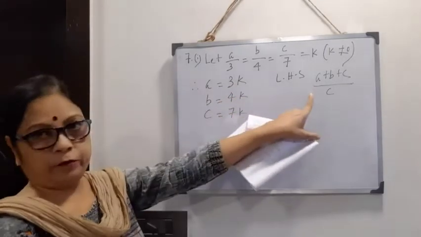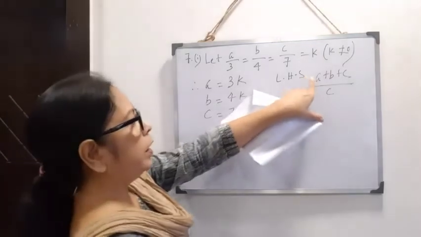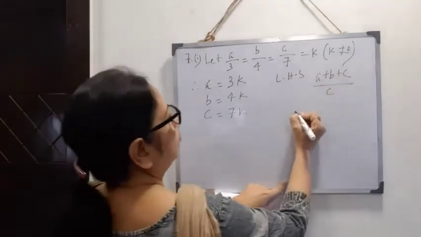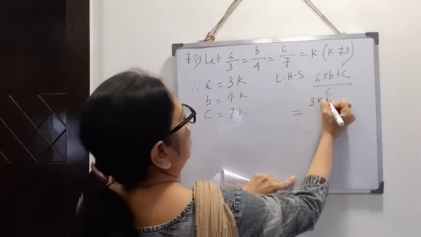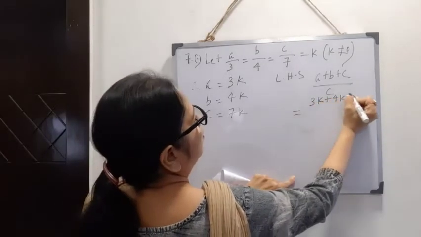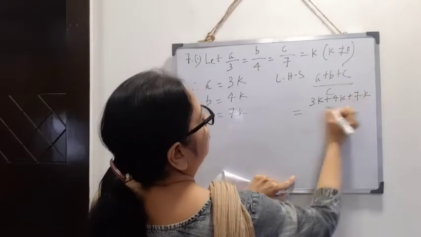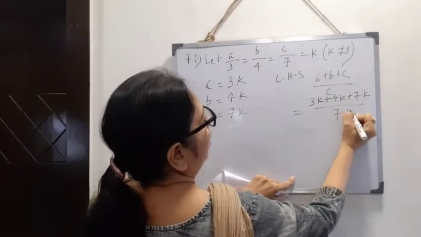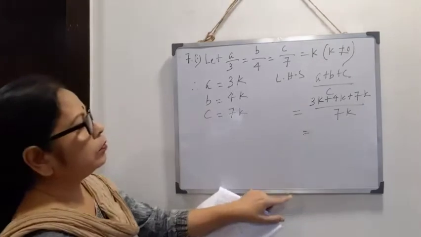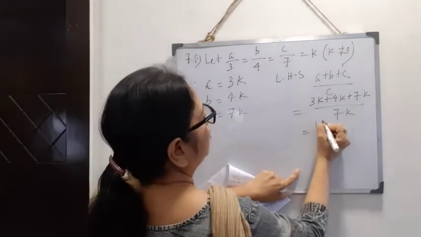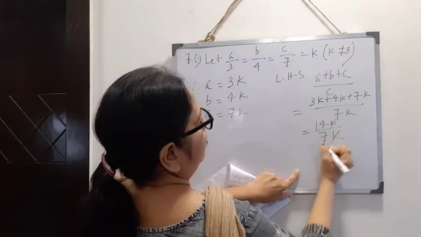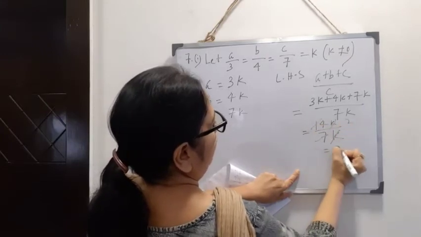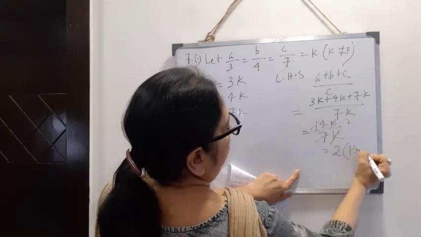Now from the left hand side I am starting: (a plus b plus c) by c. So put the values here: 3k plus 4k plus 7k, and c is 7k. After adding, 14k by 7k, k cancels out, 2. So it is proved.